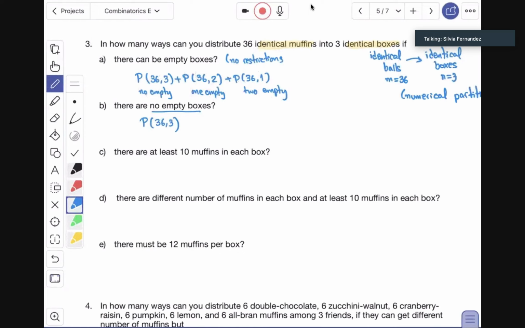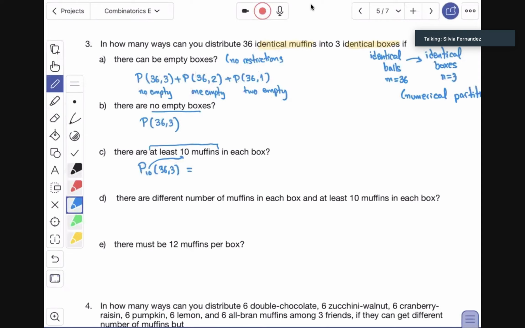special notation that we have for this. So this 10 is the, at least 10 muffins in each box. So that's a special notation, so instead of explaining in words, I can just use the notation that we have for that, right? And the only thing is that according to the instructions, I need to reduce this to regular partitions.